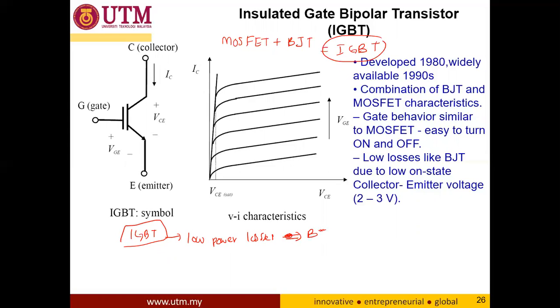This comes from the BJT. Okay, easy gate drive comes from the MOSFET. And then the third one is the switching frequency, which is not very high, but can be considered good also.